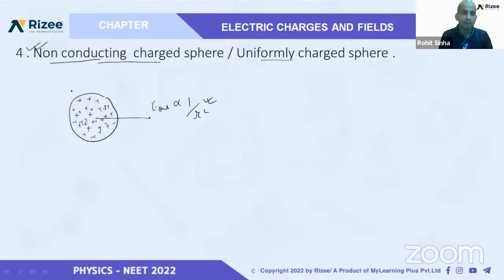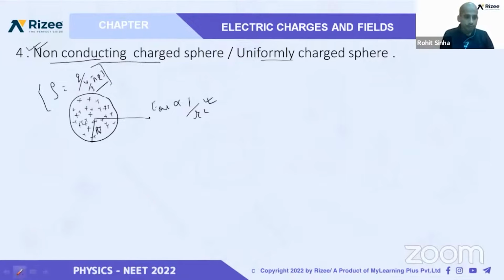Since the charge is distributed in the volume, we have to consider the volume charge density rho, and the volume is 4 by 3 pi R cube. You remember, this is the volume of a sphere.